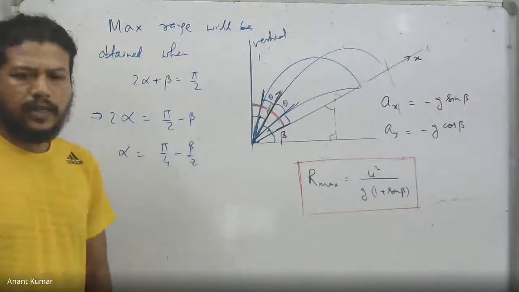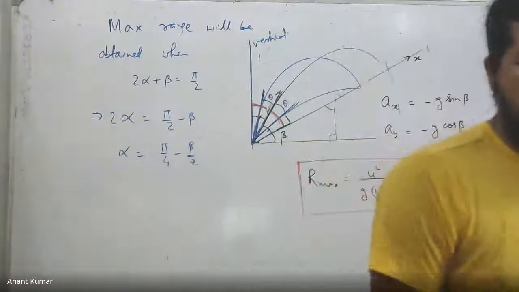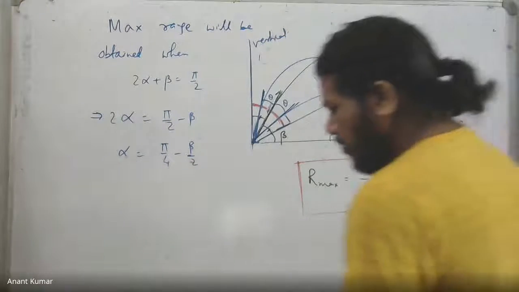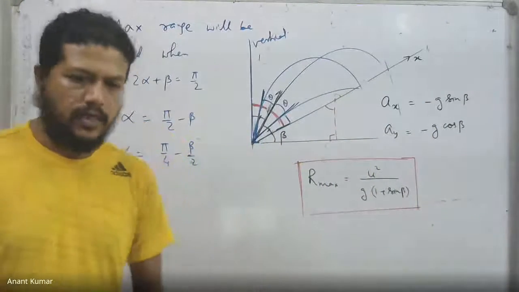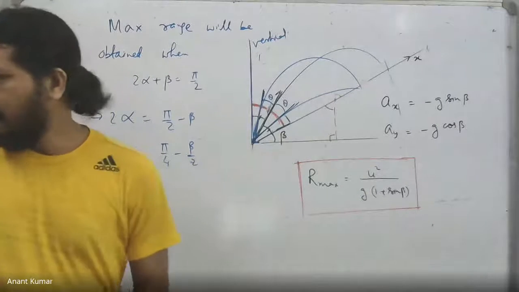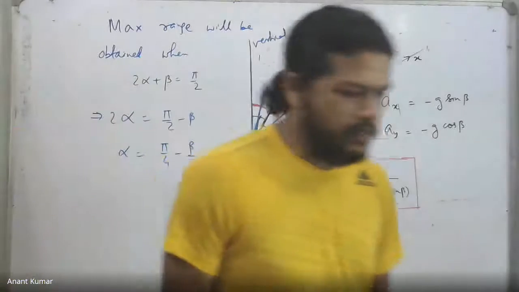The range formula changes slightly, but the maximum range is essentially u square by g into 1 plus sine beta. And the time of flight could be obtained simply by setting up g cos beta instead of g. That is the difference. Apart from that, the analysis remains the same. Okay, fine. So that will be all for projectiles for the moment.